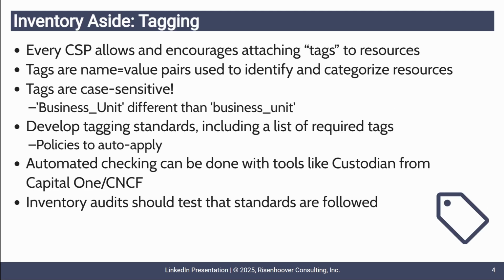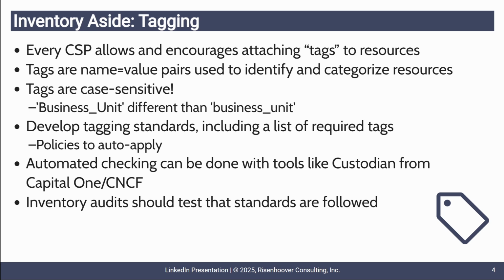Now, as an aside to that, when you're doing inventory in the cloud, you really want to consider how the organization is using tagging. Tags are nothing but a name equals value pair that can be associated with a resource. There are a few things that you do need to know when you're doing tagging in the cloud, though. Clouds are case sensitive.